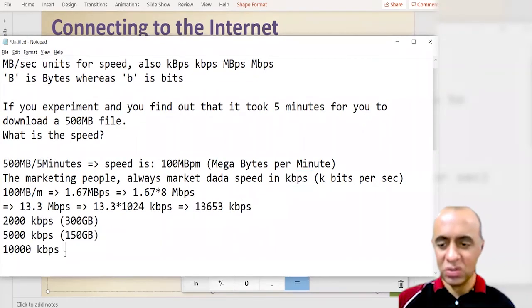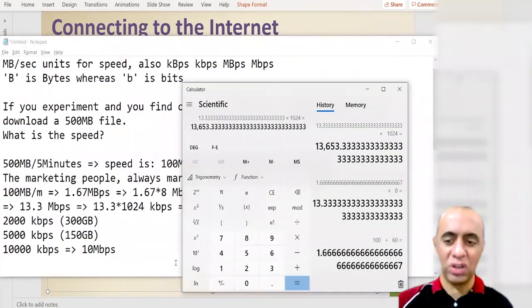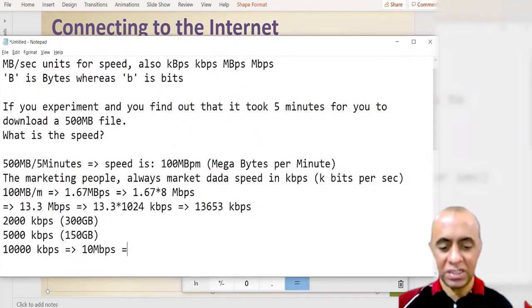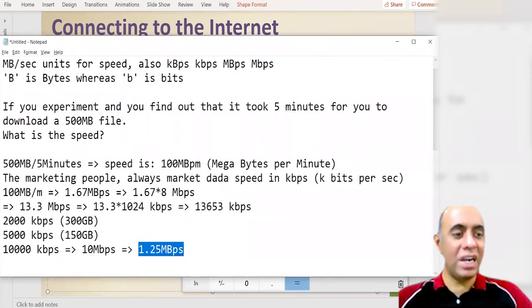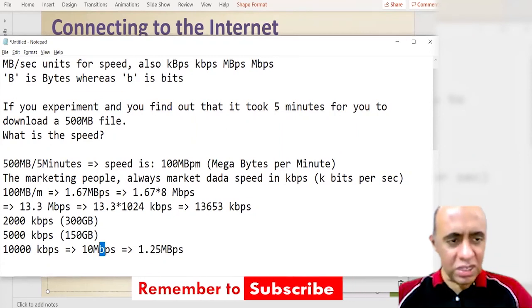By the way, this could be simply written as 10 megabits per second. This big number could be written as 10. And if they were really true to the customer, they would have written 10 divided by 8, which is 1.25 megabytes per second. This is the number which really makes sense and is important for a consumer. Bits are of no use to the consumer.